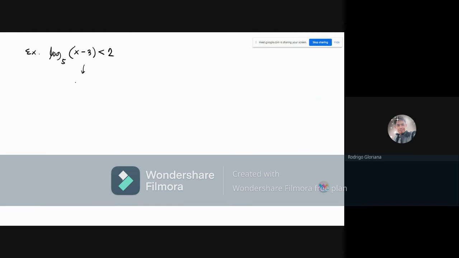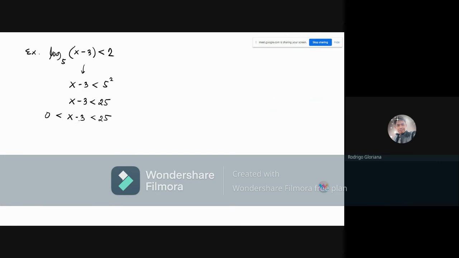We have x minus 3 less than 5 squared. Then simplify this. We have x minus 3 less than 25. Since that is less than 25, we have the condition that x minus 3 is greater than 0 and less than 25. So at this point, we solve for x.